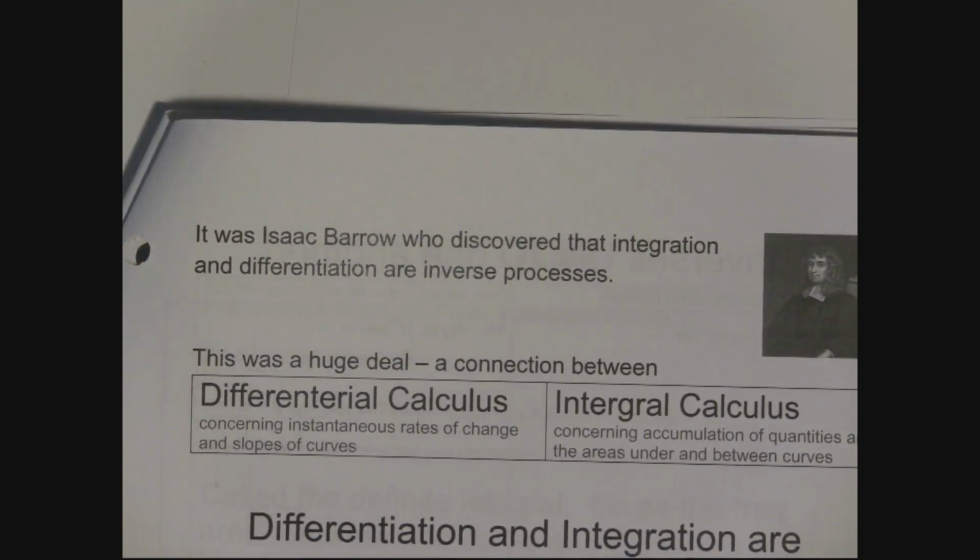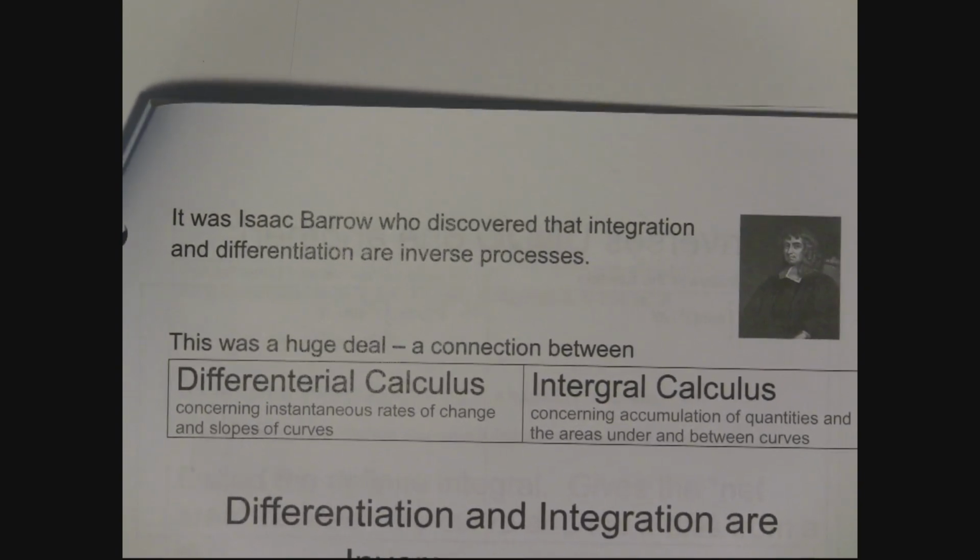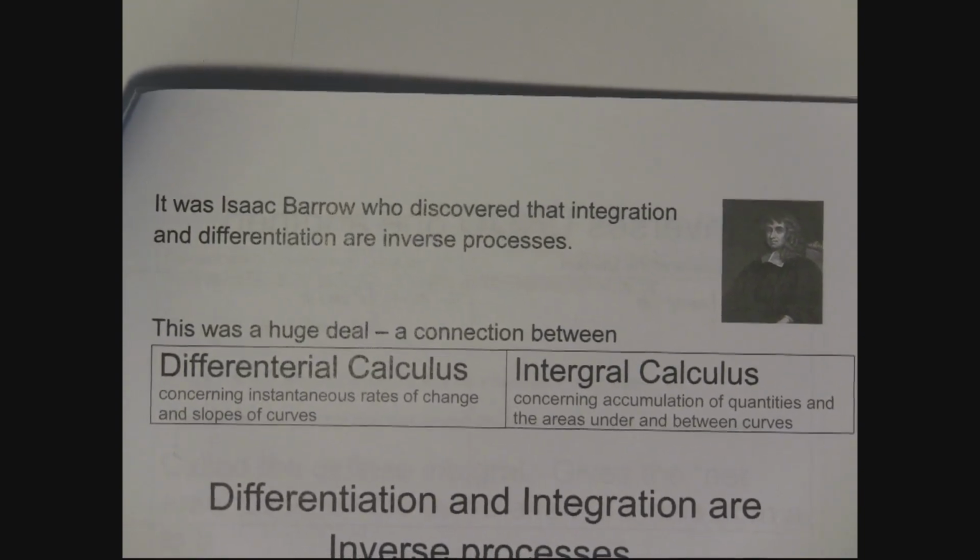Okay. And then it was discovered that integration and differentiation are inverse processes. So finding the tangent lines and finding the area are inverses of one another, and that's not something that people saw coming.